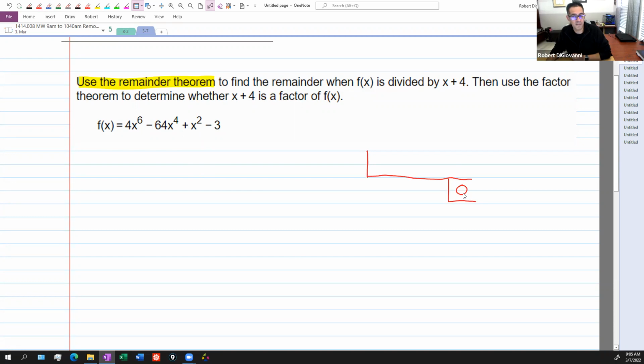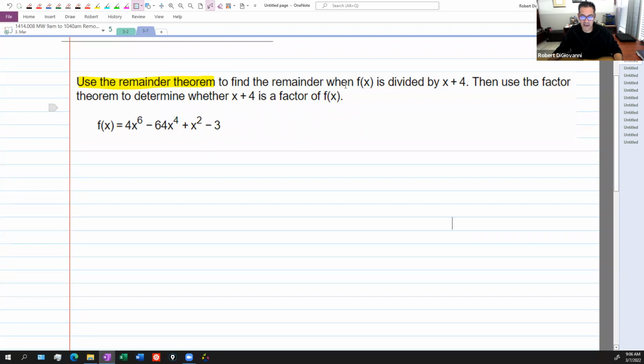That number is the remainder. So when they talk about using the remainder theorem to find the remainder when some function is divided by something else, all they're saying is use synthetic division. And then we're supposed to use that to factor it, which again is what we did last time. So let's go through this problem. First things first, I have a polynomial function, right?